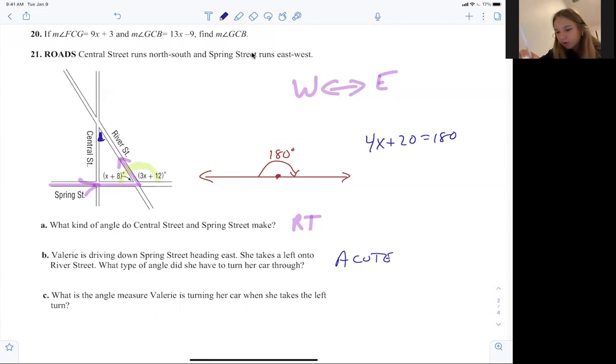So x is how much? x is 40, which means that left turn was what degree? How much? 48 degrees. All right, 48 degrees. That wasn't bad.